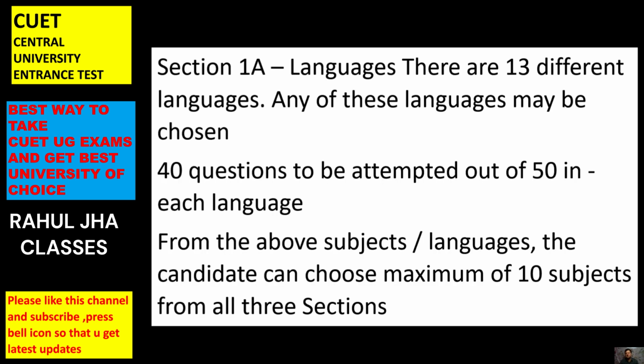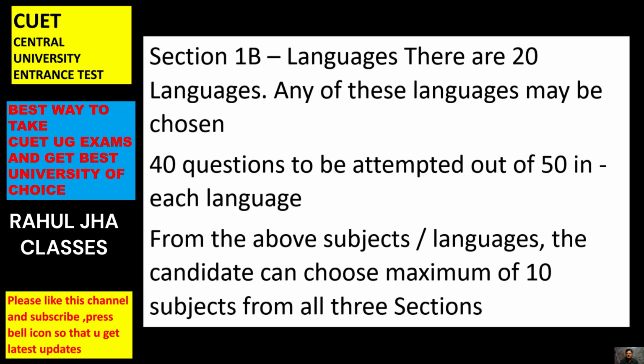Any of these languages can be taken. In section 1B, also language, there are 20 languages. Any of these languages may be chosen. 40 questions are to be attempted out of 50 in each language paper.